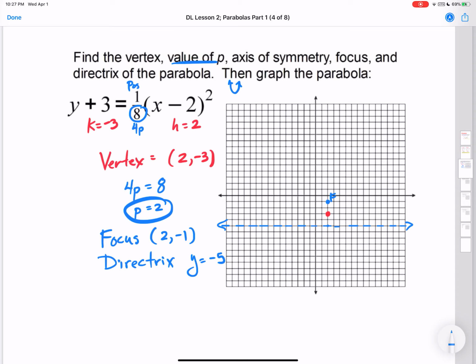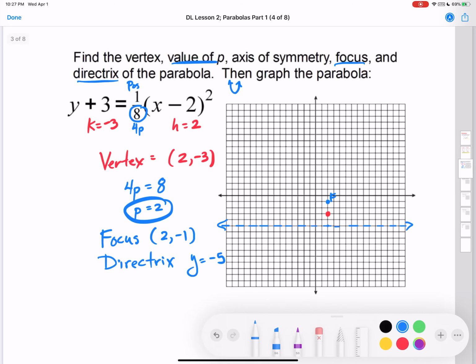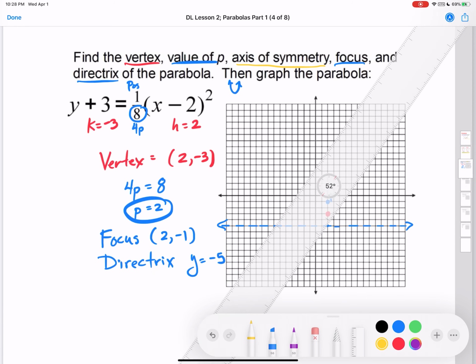All right, so now I need to figure out how to draw my parabola. I want to figure out the rest of my parabola. Before I do that, we have the focus, the directrix, and the vertex. Now, the other thing that I need is my axis of symmetry. That axis of symmetry is a line that goes straight through the focus and the vertex.